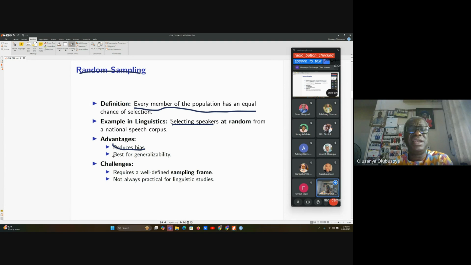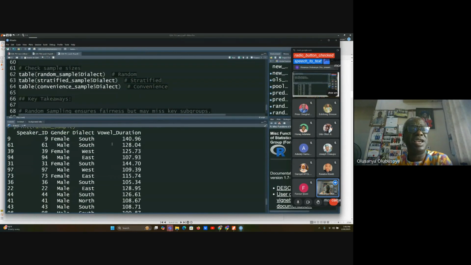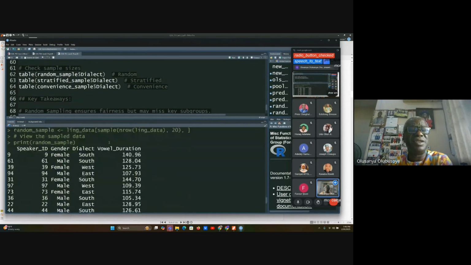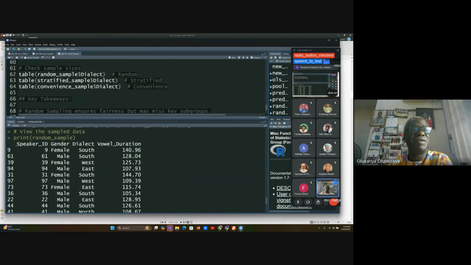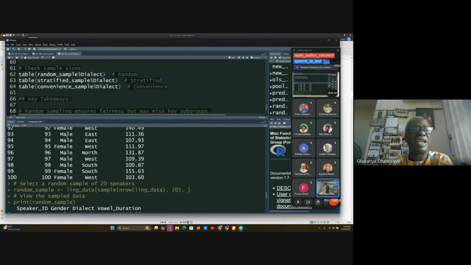And again, it's best if you have to generalize to the population. So having employed simple random sampling here, I can generalize about this 100. In other words, from this 20, whatever result I get, I can generalize it for the entire population of 100.